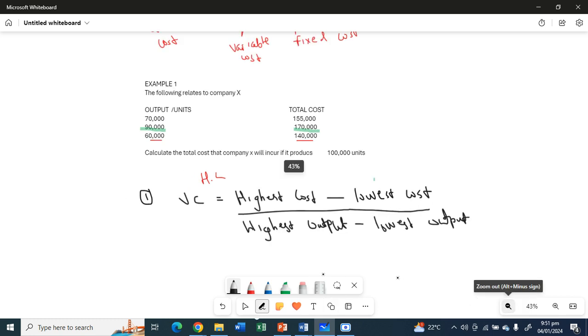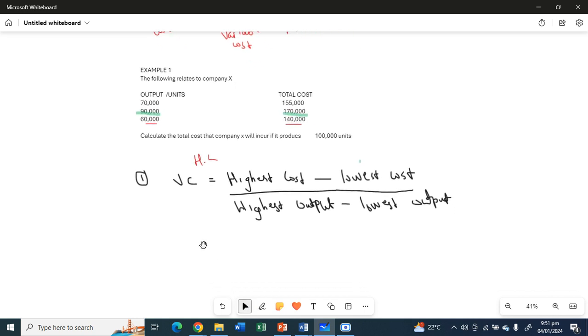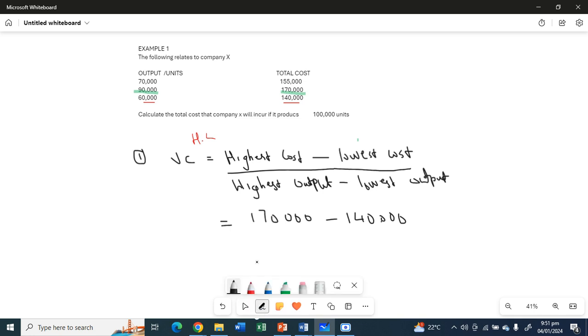So from our information, we do this. The highest cost is 170,000 minus the lowest cost 140,000, divided by the highest output 90,000 minus the lowest output 60,000.